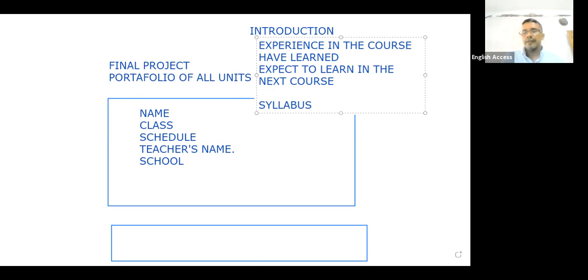Let's see. Page 1 is this. It's unit 1. We are talking about homeworks. You have the homeworks already. Homework lesson A. Take a picture and include it. Your homework. Yes?